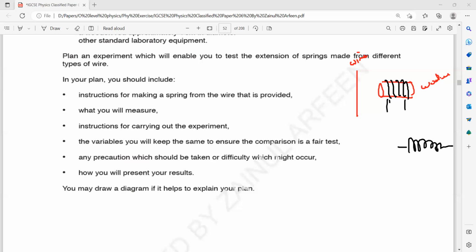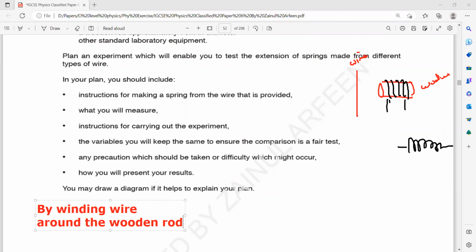Whenever you are writing the experiment, try to answer the question point by point separately. So by winding the wire around the wooden rod, that's how we can make the spring.